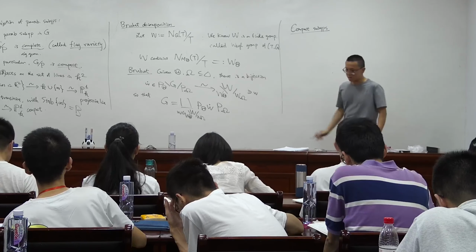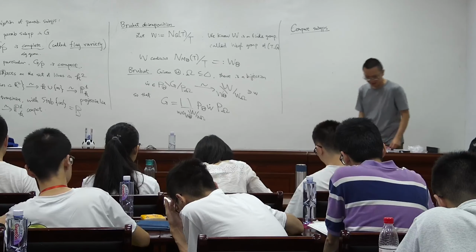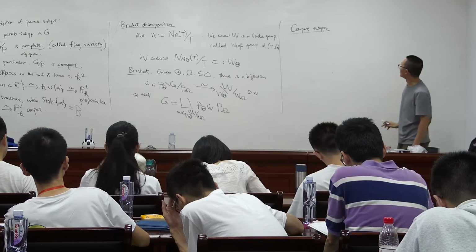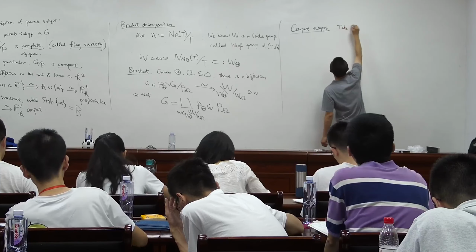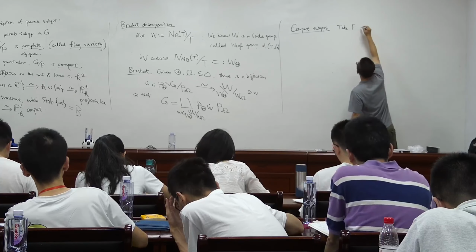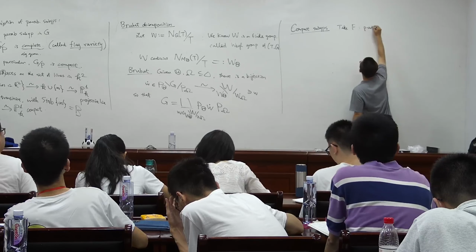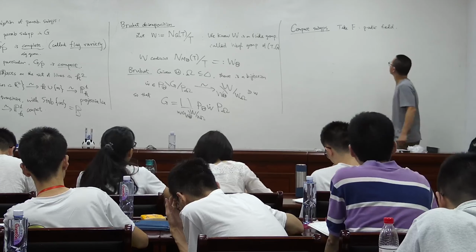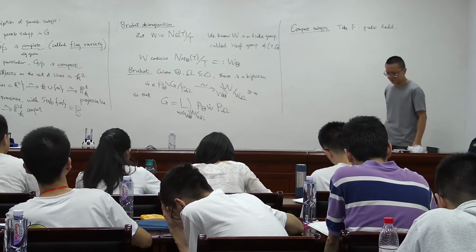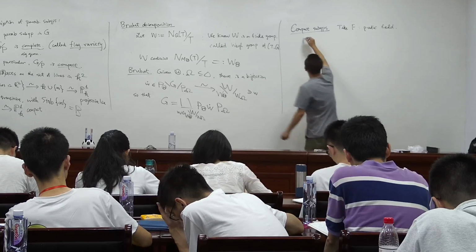Then I'll talk about some compact subgroups in G. And for the purpose, now I take F to be a p-adic field. So I'll review what a p-adic field is.